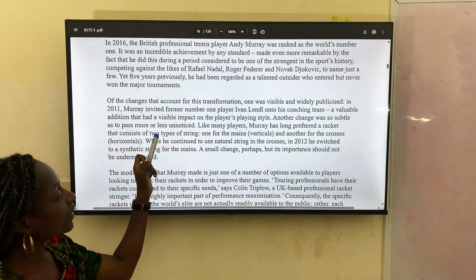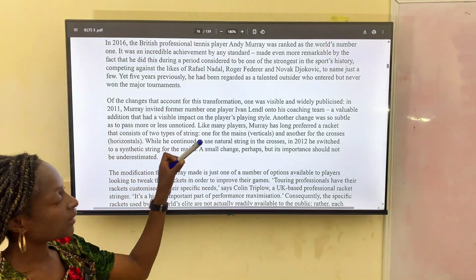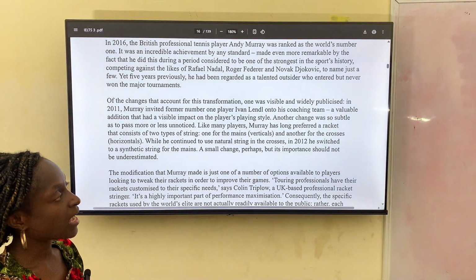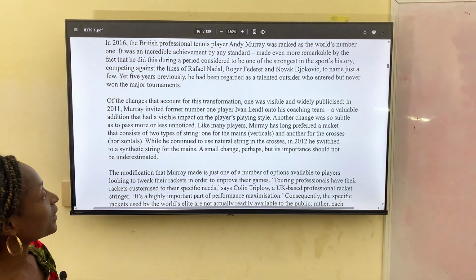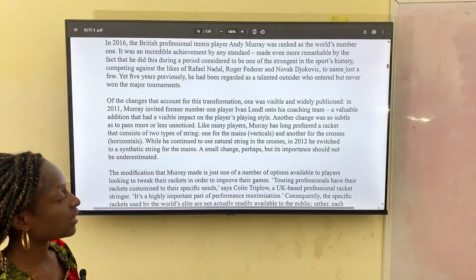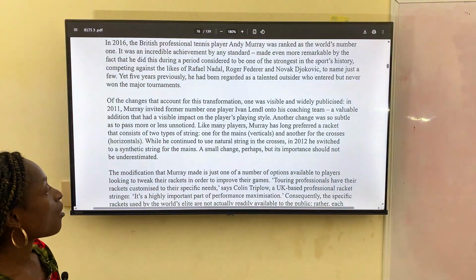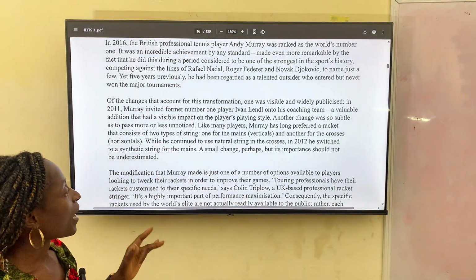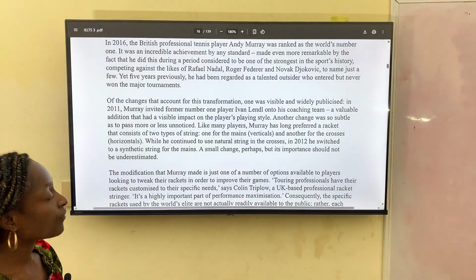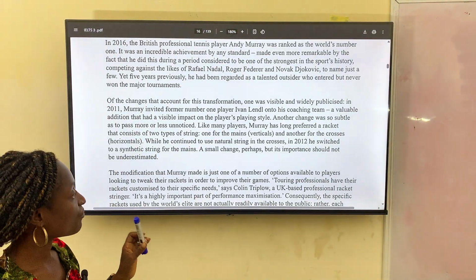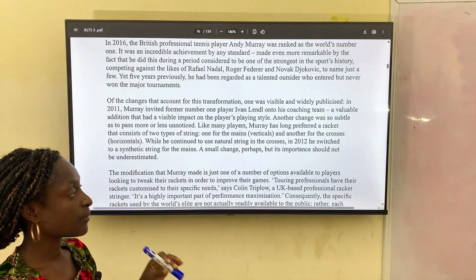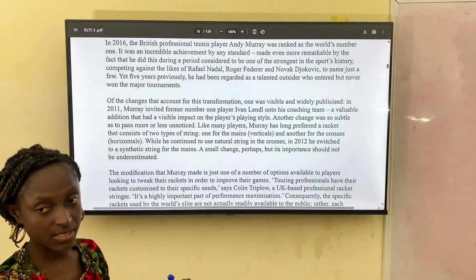Now the next sentence, like many players, Murray has long preferred a racket that consists of two types of string, one for the mains, verticals, another for the crosses, horizontals. While he continued to use natural string in the crosses, in 2012, he switched to a synthetic string for the mains. A small change perhaps, but its importance should not be underestimated.